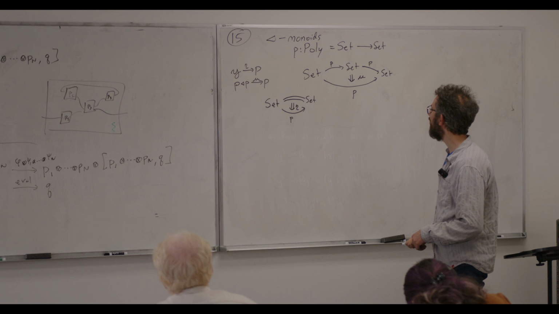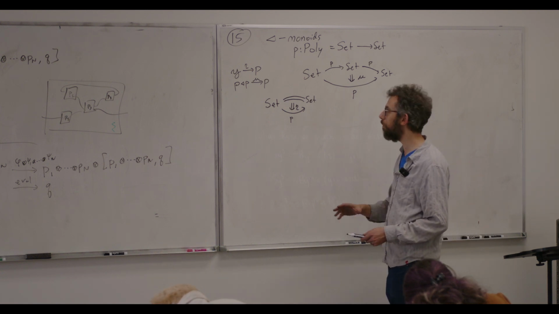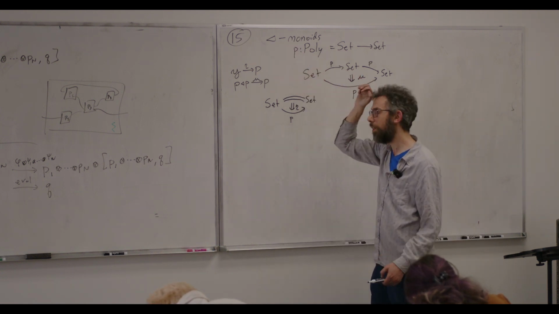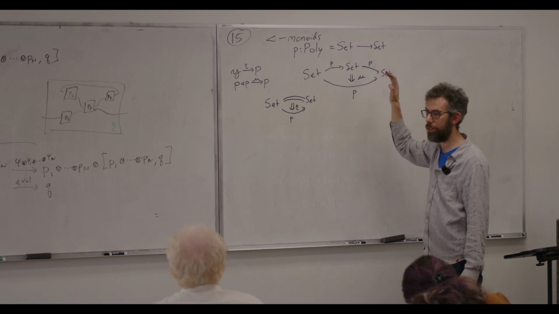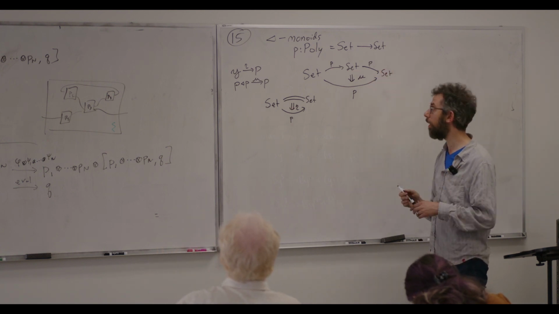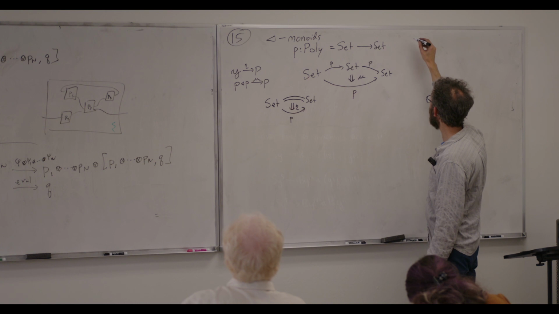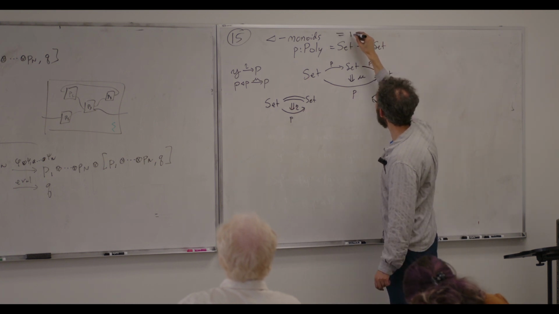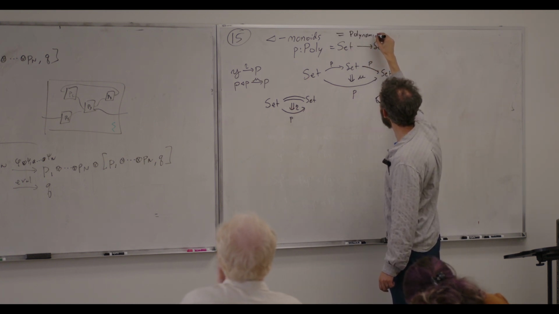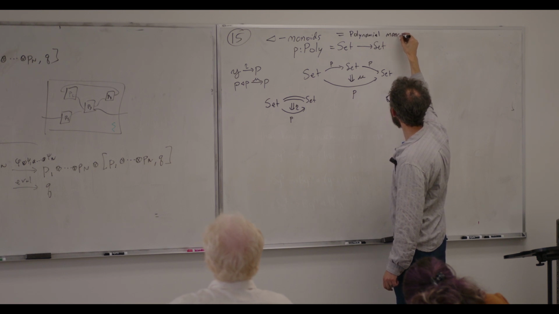So a polynomial monoid in a trimonoid is a monad on set, called a polynomial monad on set.